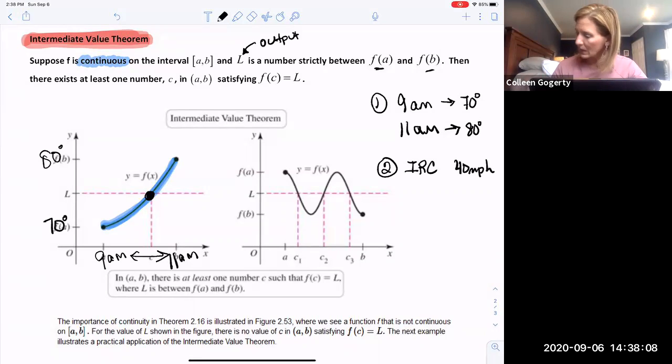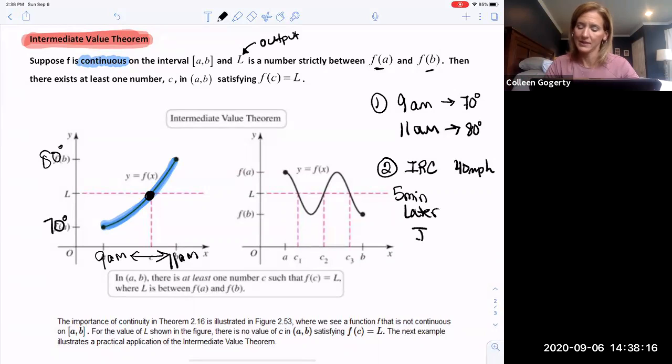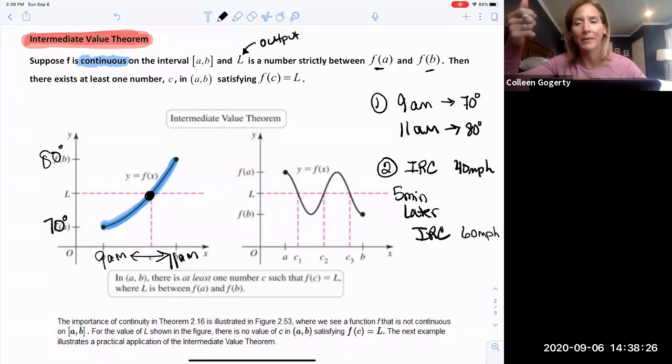Okay. 5 minutes later, so now we're going into the future. 5 minutes later, the instantaneous rate of change is 60 miles per hour. So think of that like a cop sitting on the side of the road, and they have a speedometer of some sort. So you were 40 miles per hour, now you're at 60 miles per hour.